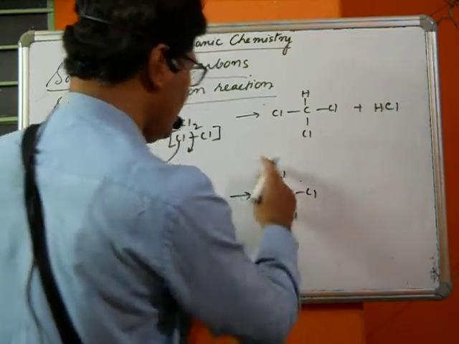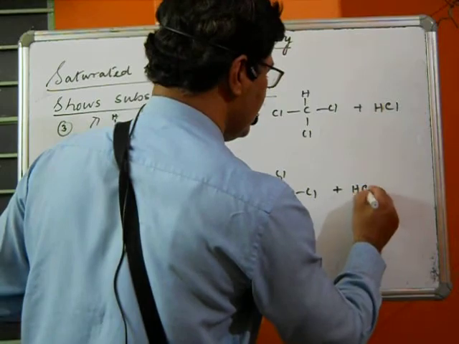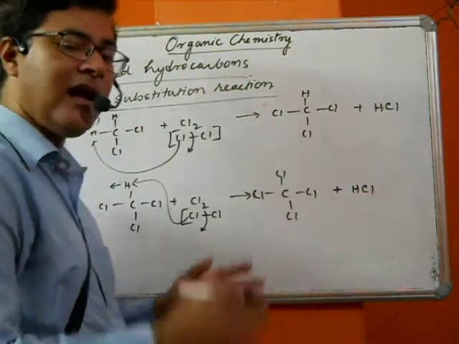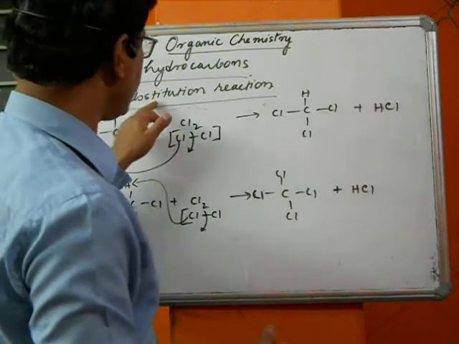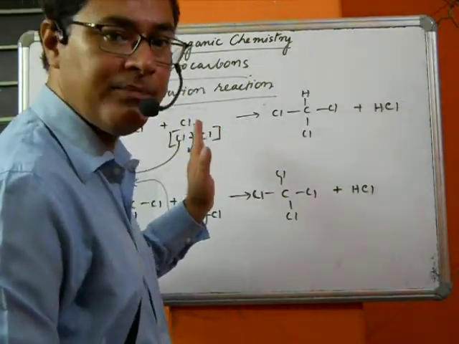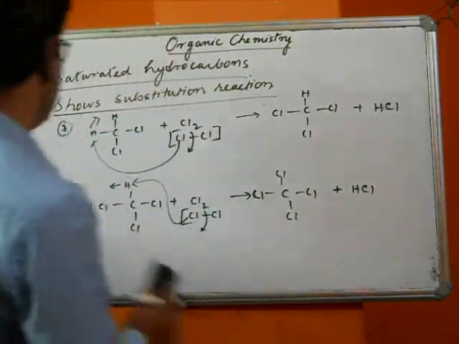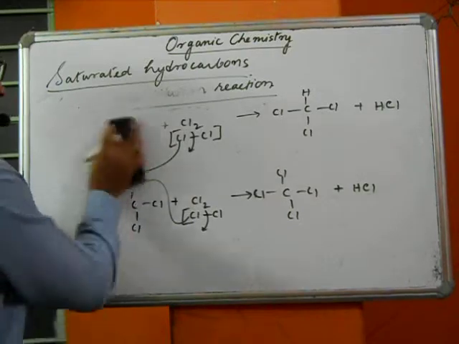So all the hydrogens were replaced, leading to the formation of HCl. So until the entire hydrogens are replaced, this will carry on. This type of reaction is known as substitution reaction. Clear? Understood? Substitution reaction. Now we will understand about addition reaction.